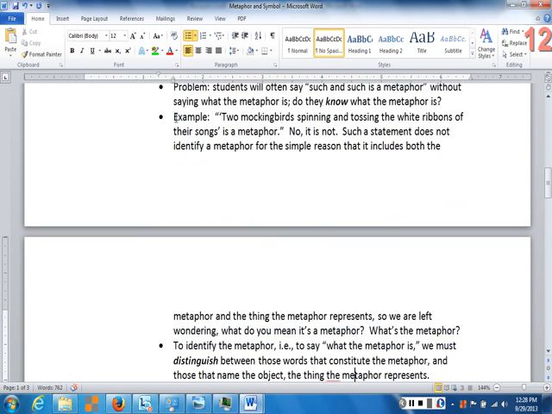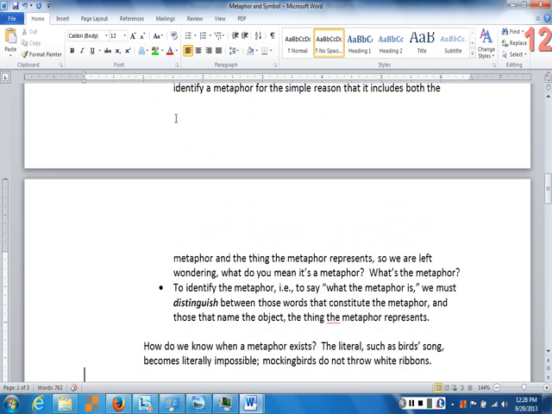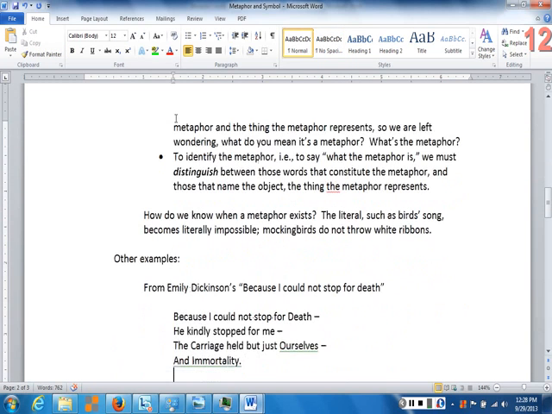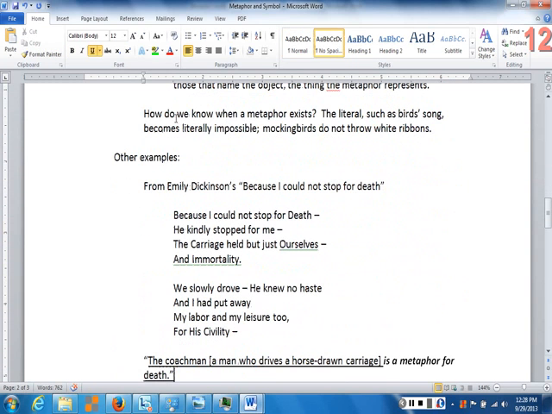And so, white ribbons being tossed is a metaphor for the mockingbird's song. And in Emily Dickinson's poem, then, the coachman, that is somebody who drives a horse-drawn carriage, is a metaphor for what? Is a metaphor for death.